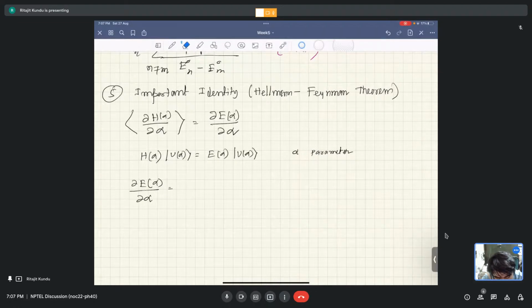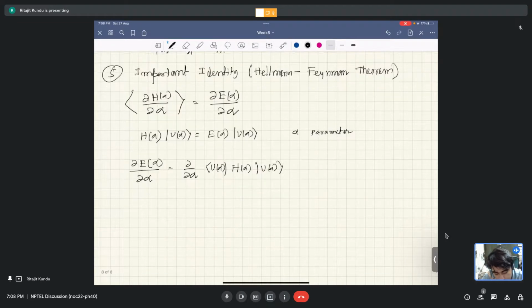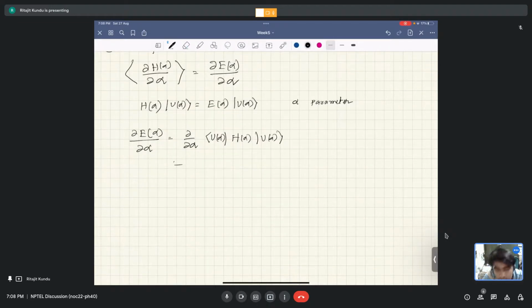I know the expression for E alpha, which is given by <U alpha| H of alpha |U alpha>. Okay, and now del alpha acts on each of these parts, this part and this part.